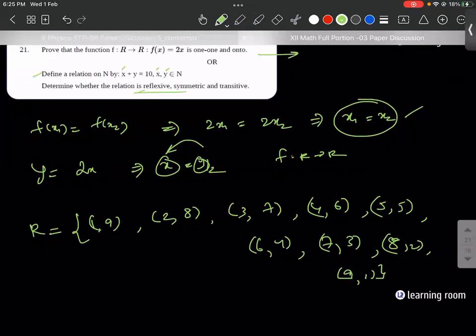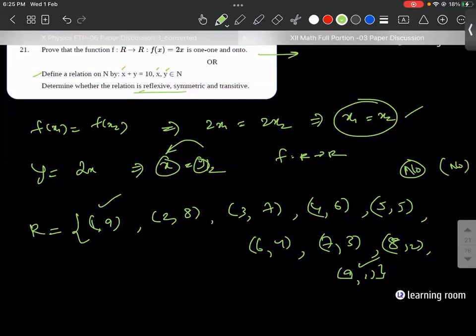Determine whether the relation is reflexive, symmetric, or transitive. Is it reflexive? Looking at it, can you answer? Is it reflexive? Obviously, no. Is it transitive? 1, 9 is there, 9, 1 is there. You don't have 1, 1. So it is not transitive.